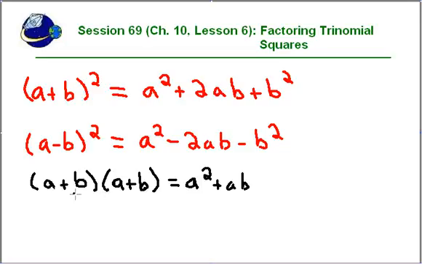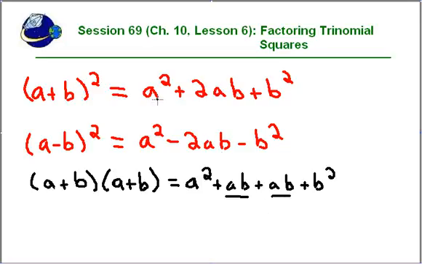Let's take a look at our second term here. Distribute it through as well. B times a is another plus ab. And then lastly, our b times b is going to be b squared. And all we've done here is we've taken this ab and this ab, combined them together to make two ab's.